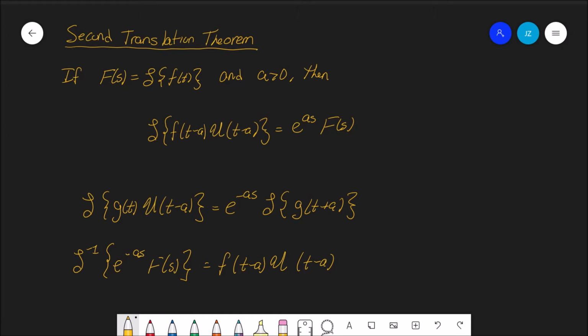My apologies, up here this should be the Laplace transform of f of t minus a times u of t minus a is e to the negative as times F of s.